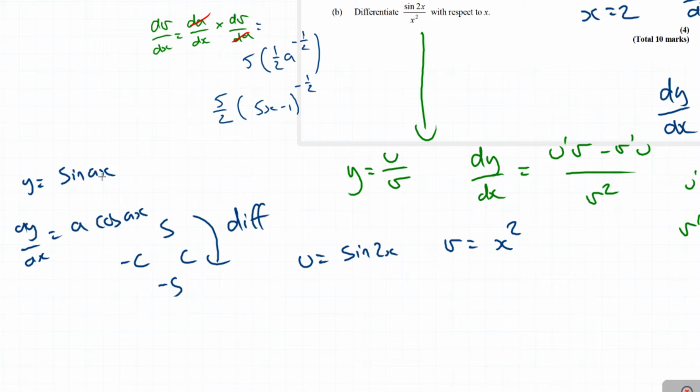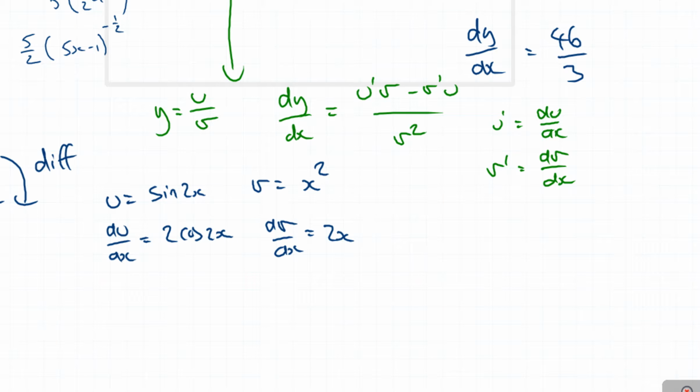So anything that's multiplying the x needs to come out. So here, with sine 2x, du/dx is equal to 2 cos 2x. With x squared, dv/dx is equal to 2x.